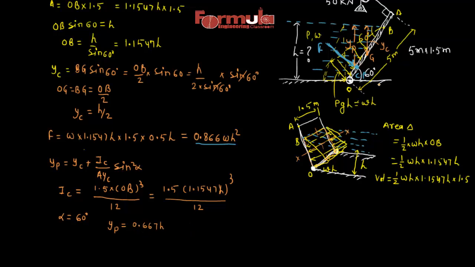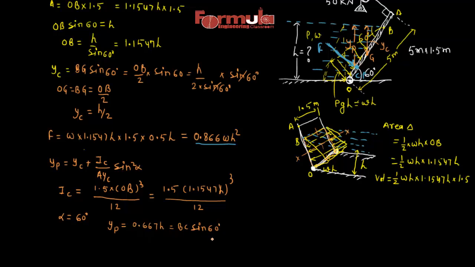You can notice here this point is the center of pressure and this point is B. Let me say the center of pressure point is C. If I resolve BC by sine 60, BC sine 60 will also equal yp. So we can write this value equals BC sine 60.